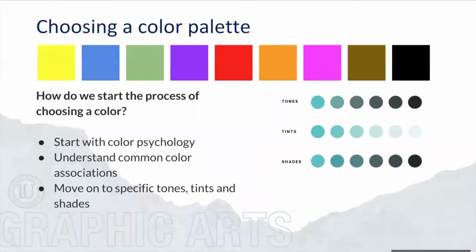All right, choosing a color palette. So how do we even start the process of choosing a color? Well, we can start with color psychology. We can understand common color associations, and then we can move on to specific tones, tints, and shades. Again, color is such a powerful communication tool.